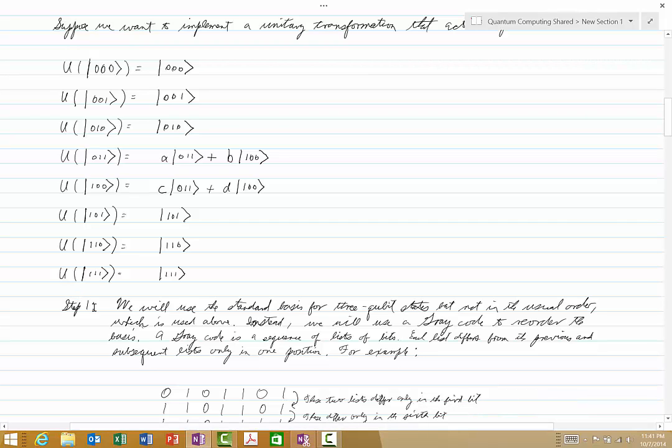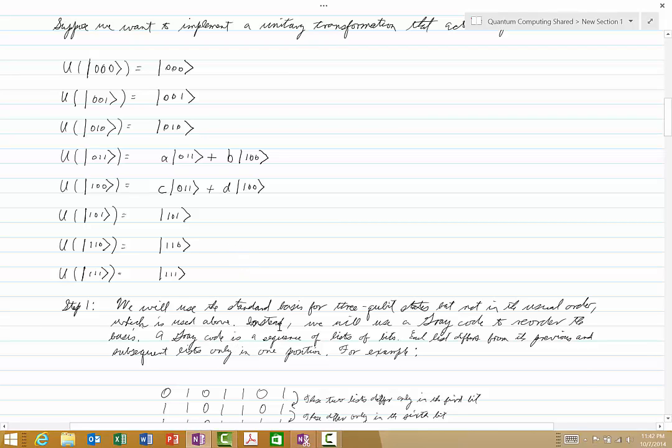Okay, the first step of the procedure says we will use the standard basis for 3-qubit states, but not in the usual order used above. You see that we've listed everything here in the usual order, 000, 001, 010, 011, and so on. But we're not going to follow that usual order here in step 1.